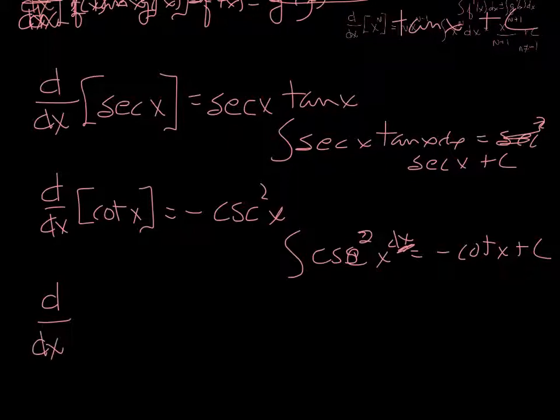What is the derivative of the cosecant of x? Oh, so our equals is like the dy part, right? Negative cosecant x cotangent x.